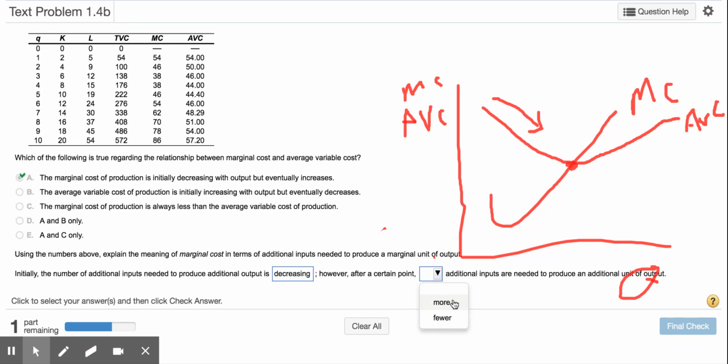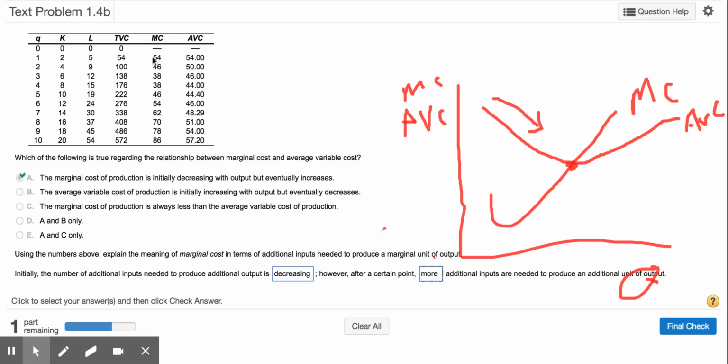Look at it this way, from the table or from the graph. The number of additional inputs needed to produce additional output is decreasing. Sorry, we're looking at the cost.